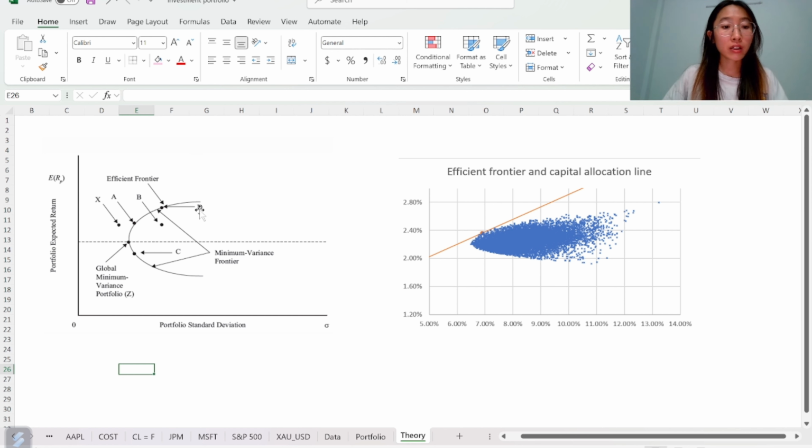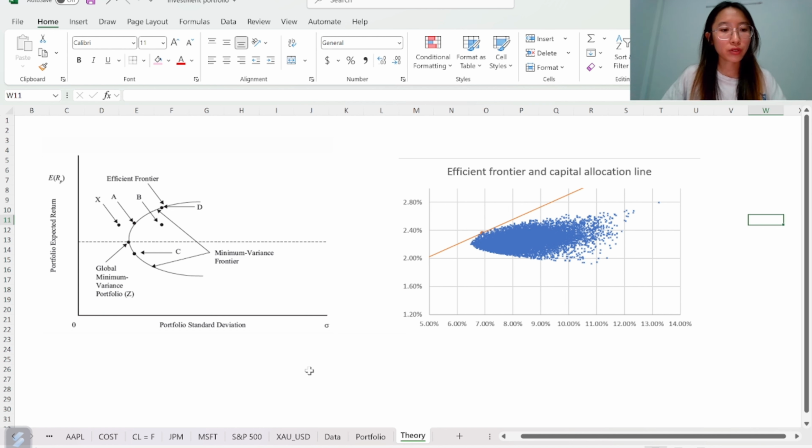It will be a curve, a line like this, and not something like this. So the blue dots here are the scatter chart of the possible portfolios that we can make out of our set of assets. Remember that when you grab the efficient frontier, you want something to look like this, not this.